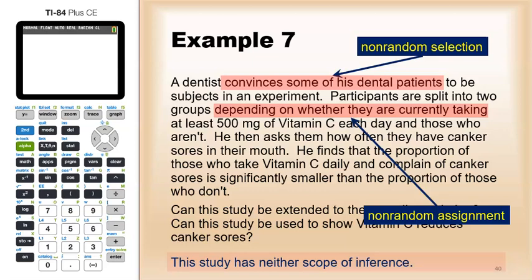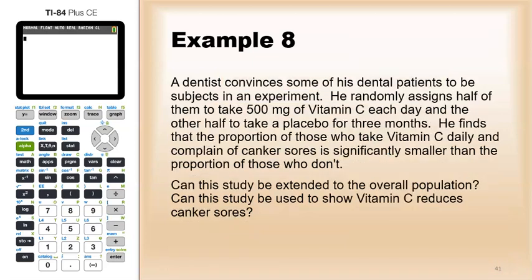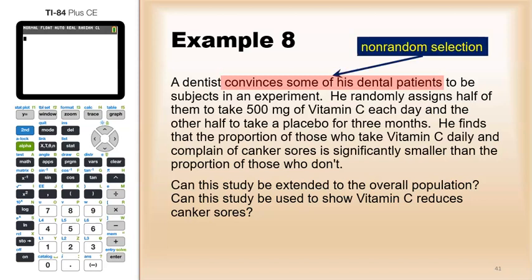Okay. Well, let's change this a little bit. A dentist convinces some of his dental patients to be subjects in an experiment. He randomly assigns half of them to take 500 milligrams of vitamin C each day and half to take a placebo for 3 months. He finds the proportion of those who take vitamin C daily who complain about canker sores is significantly smaller than those who don't. So in this case, again, there's non-random selection, so we don't have population inference, but we do have random assignment.